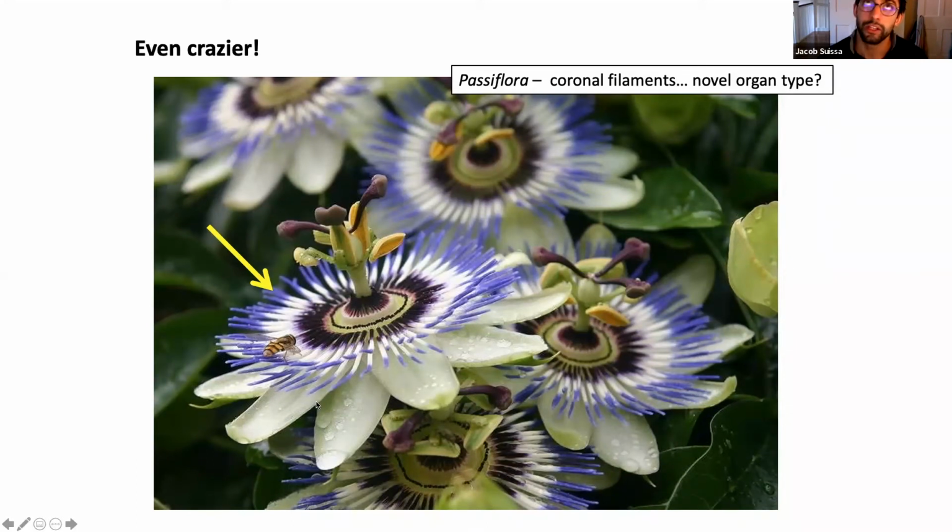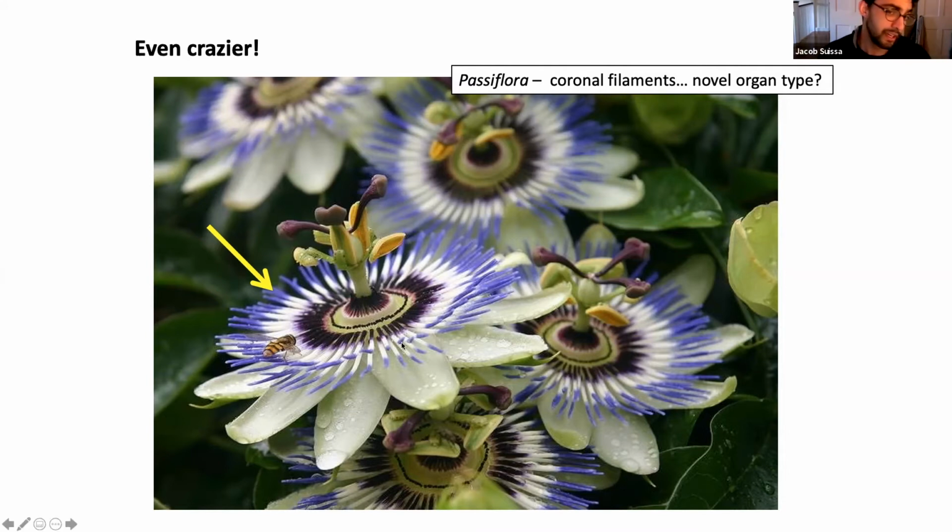Like I said, the outer whorl are called sepals. Those are the leafy things. The inner whorl are called petals. But when the petals and the sepals look similar, with no distinct differentiation, we tend to cluster them all together and call them tepals.